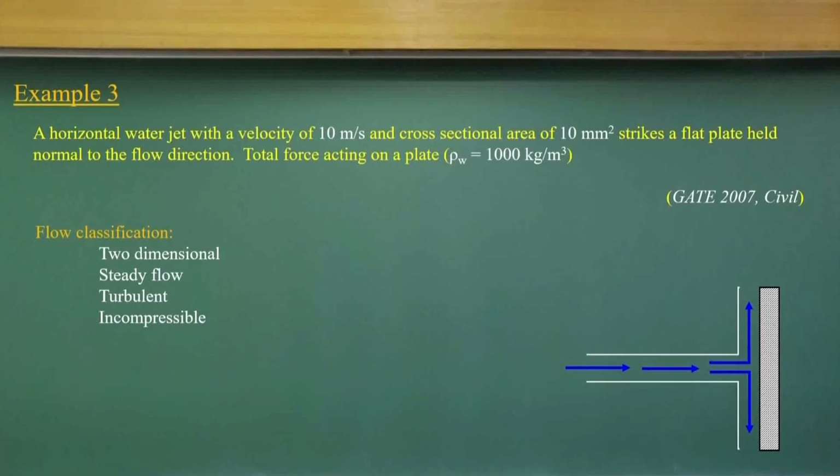If you look at that, again we have to do the flow classification. As is expected, as you see in these diagrams, the flow has two directions, so it is two dimensional. The jet is coming in the x direction, and after hitting the plate it moves in the y directions, splitting into two parts. If the water jet is symmetrical, the same amount of water will go in this direction and this direction, because the gravity force is a much lesser component compared to the rate of change of momentum flux.